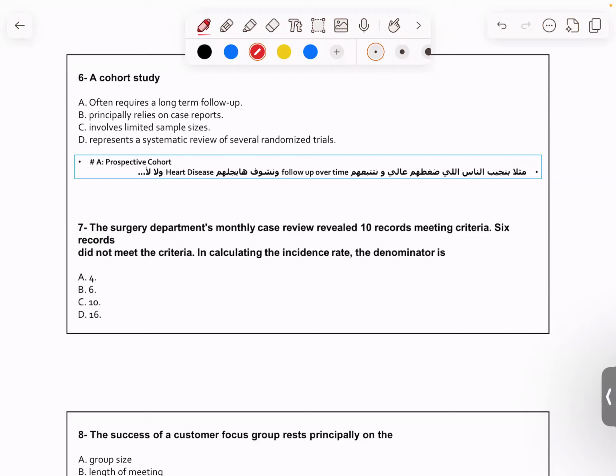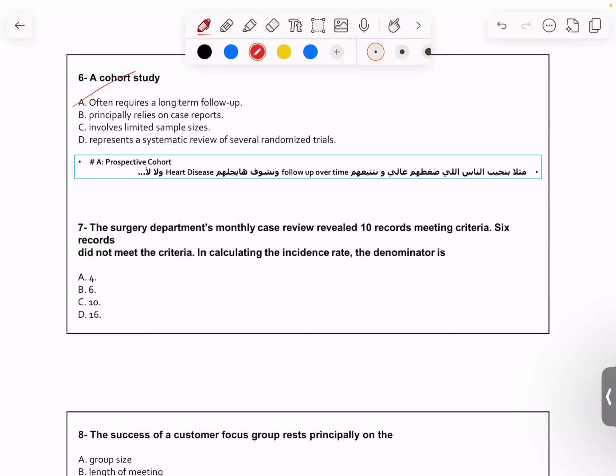For example, following smokers and non-smokers to see who develops lung cancer. So the correct answer is cohort study because it tracks subjects over time. So letter A is the correct answer: often requires a long-term follow-up.